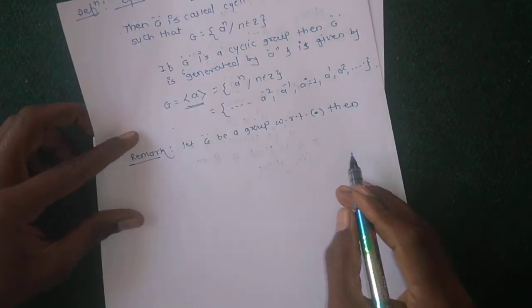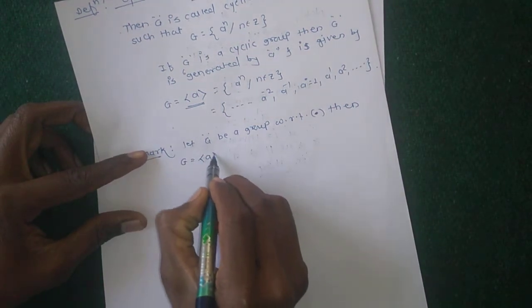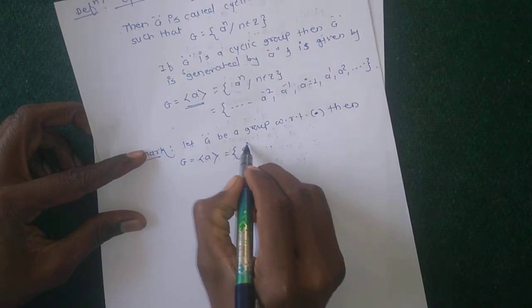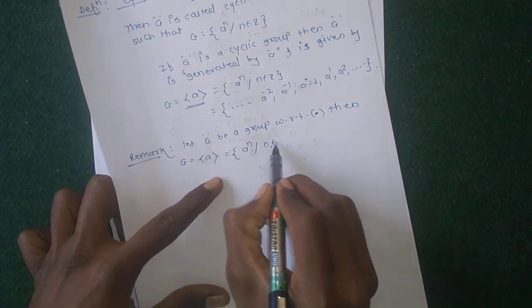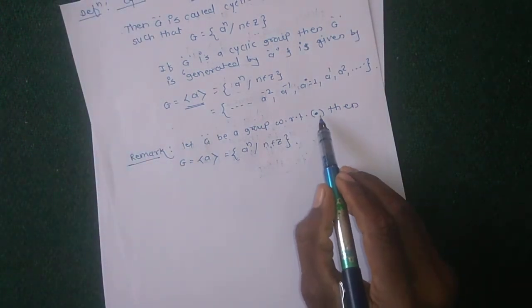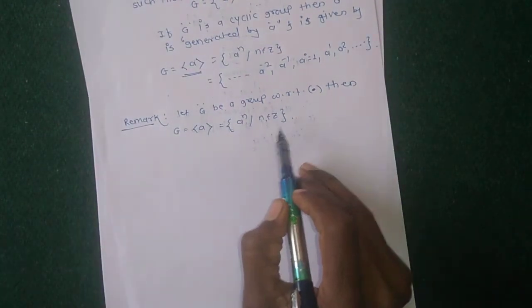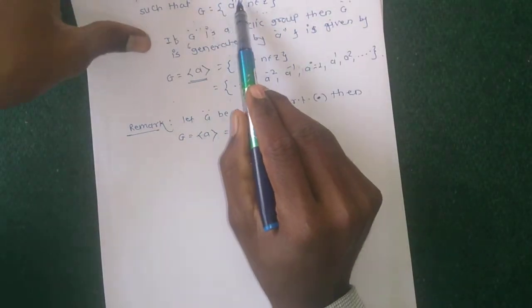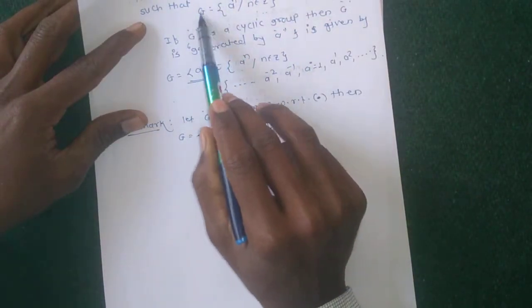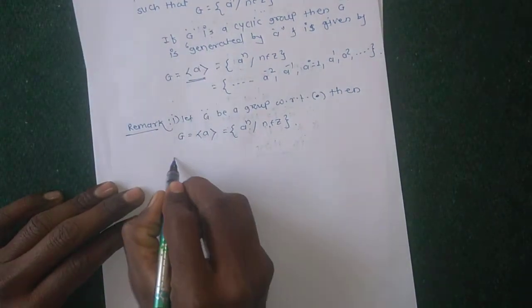Here the star denotes multiplication, and there is also addition. Then G is called cyclic if G is generated by a, where there exists an element of the form a raised to n, where n belongs to Z. If G is a group with respect to multiplication, then we choose elements a such that the powers a raised to n give all elements of G. This is the first remark.